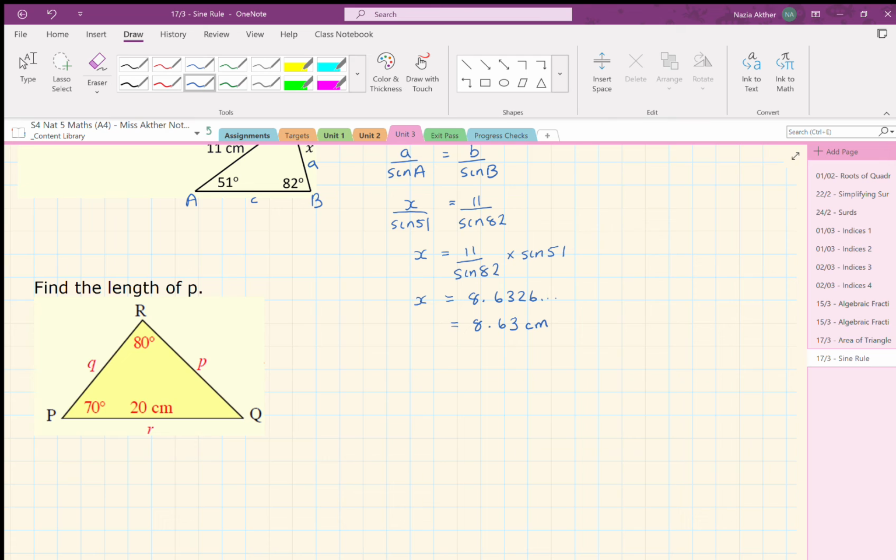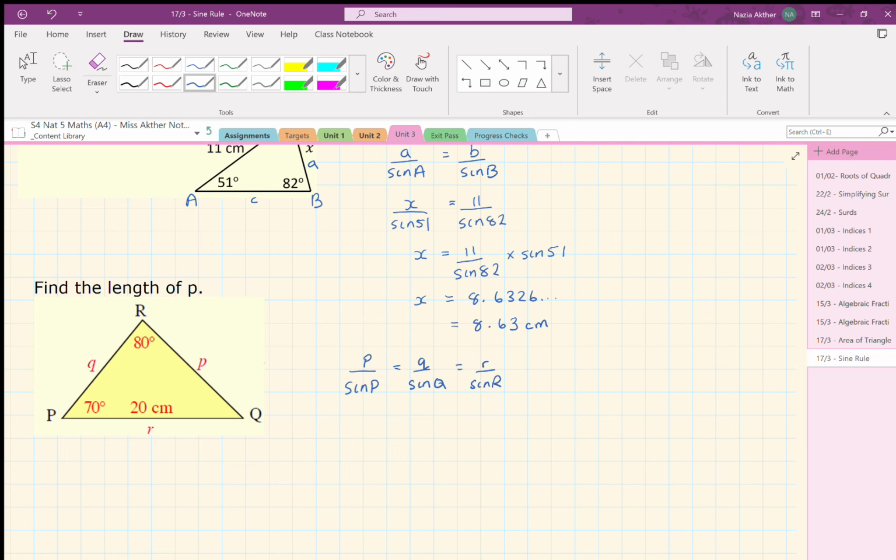This time we've got a triangle where the sides and the angles have already been labelled with P, Q and R. So our formula would then be P over sine P equals Q over sine Q equals R over sine capital R. Okay, so the first step has been done for you.